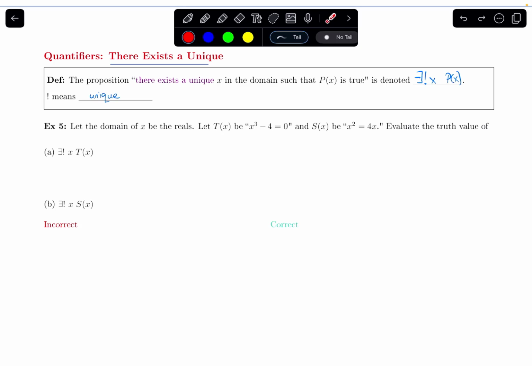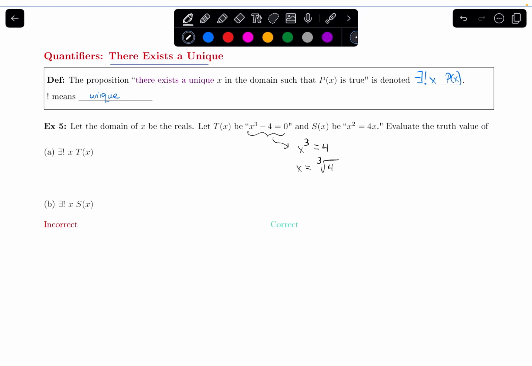Well, I can just solve the equation and figure out if that happens. With this equation, I get x to the third equals 4. Then I cube root both sides, and I get x equals cube root of 4. I don't need a plus or minus because I'm not doing an even root on both sides. I'm doing an odd root, where I don't need a plus or minus.